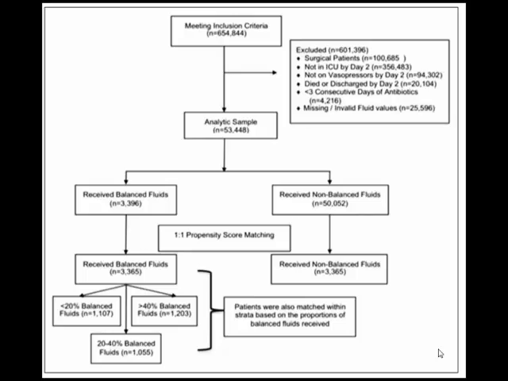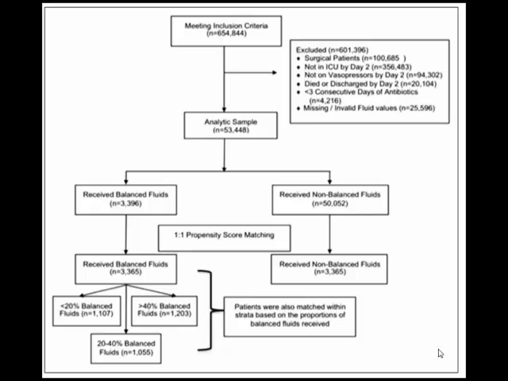So this is the diagram. Basically, the patients that met the inclusion criteria were 654,000, but they were excluded for different reasons: transferred to another institution, they went to get surgery, or there was not enough data. So they reduced after the exclusion criteria to 53,000 patients.